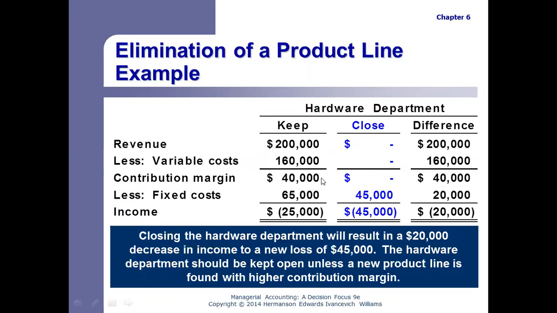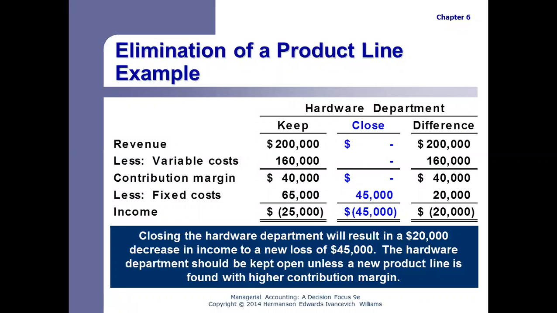So contribution margin is 0. Of this $65,000, the $20,000 of salaries would go away if we close the department. But the $45,000 store overhead that gets charged to the hardware department, even if we got rid of that department, that cost is still going to be there.